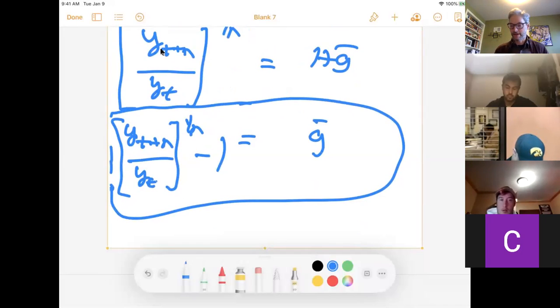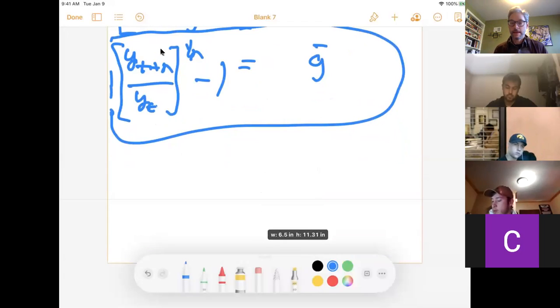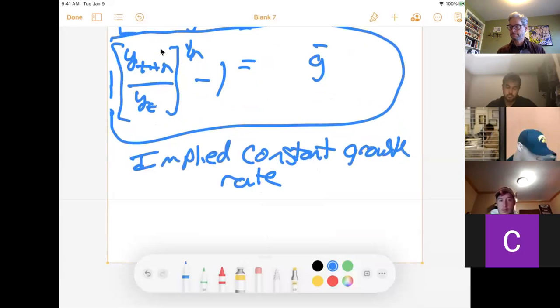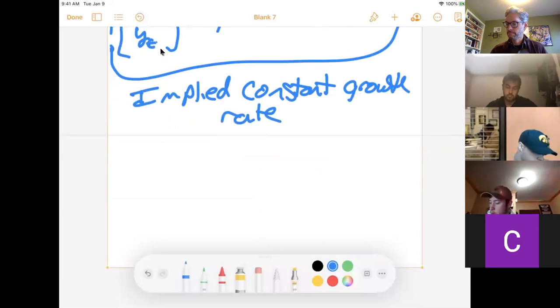I apologize for my writing on this thing. It's a little sketchy. But this is how you can solve for the average growth rate between 2 periods of time. If you're given 2 periods of time, you can calculate the implied constant growth rate using this formula. Okay?